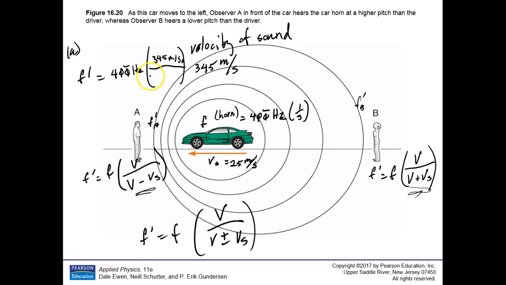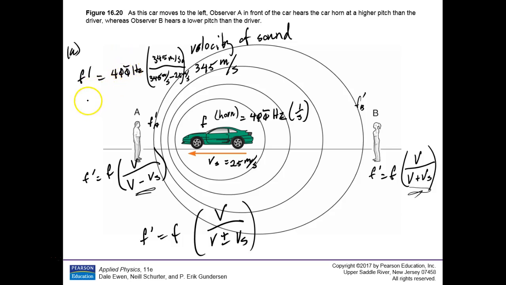Divided by 345 meters per second minus the speed of the car, 25 meters per second. Okay? Now, they were very kind to us this time. Everything's in meters per second. If they had given the speed of the car in kilometers per hour, we'd have conversions to make. Right now, we're perfectly fine.